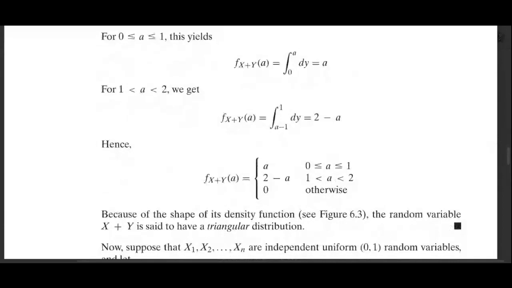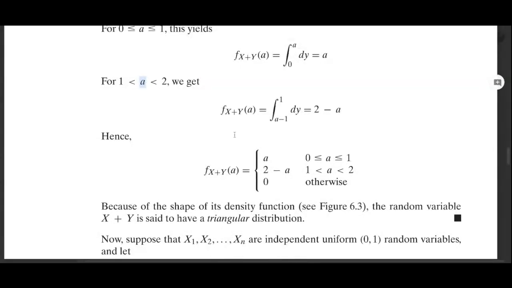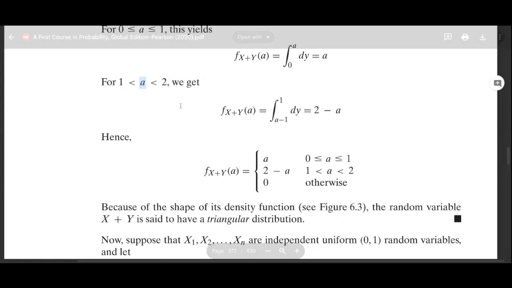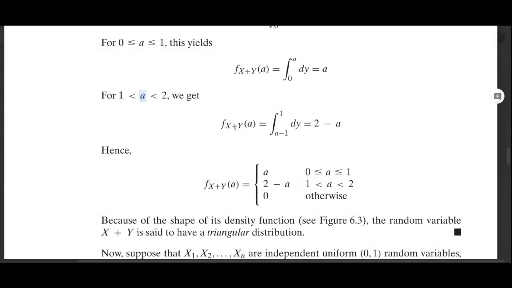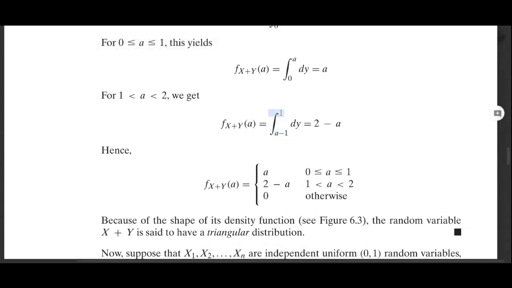Okay, let's see what we get for a from 1 to 2. For a from 1 to 2, for the density of X plus Y at a, the lower limit is a minus 1, because a goes from 1 to 2, and the upper limit goes to 1.